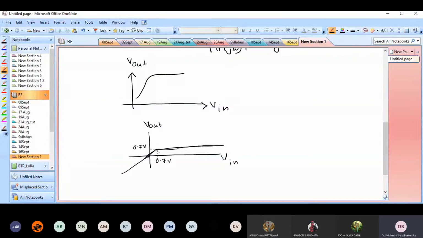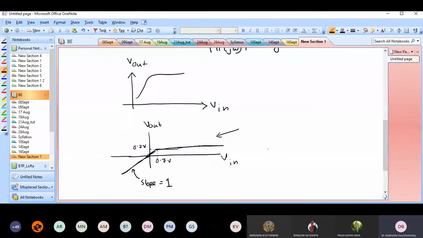That's because if I look at this transfer characteristic curve and see what happens when I put certain magnitude voltages. If my voltage is below 0.7 volts, then my V in is exactly equal to V out, because it's a slope with a slope of 1. So this straight line has a slope of 1, which means my V in is equal to V out.